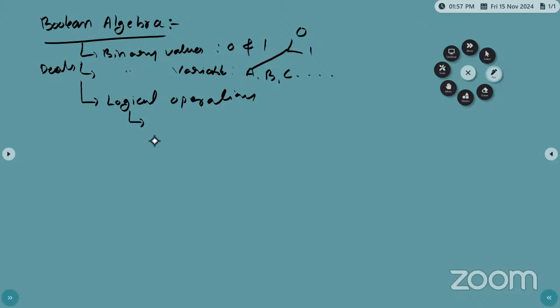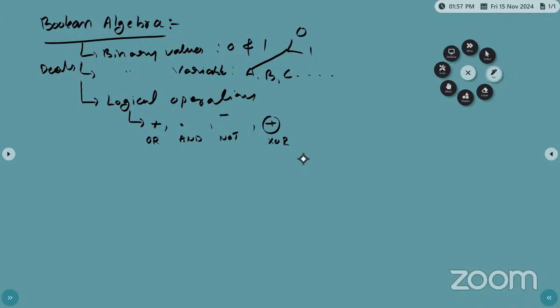These logical operations are plus, which is the OR operator; dot, the AND operator; complement, the NOT operator; and then the XOR operator.